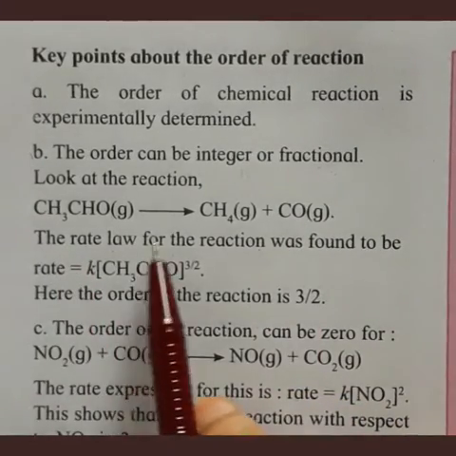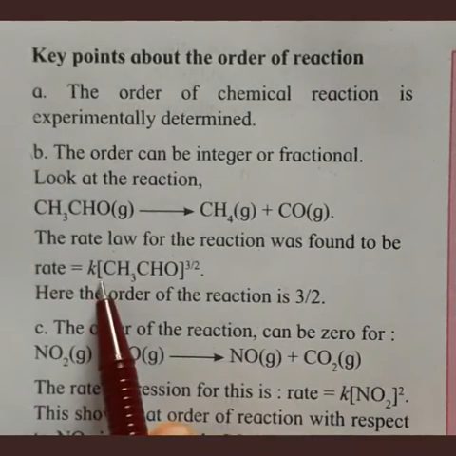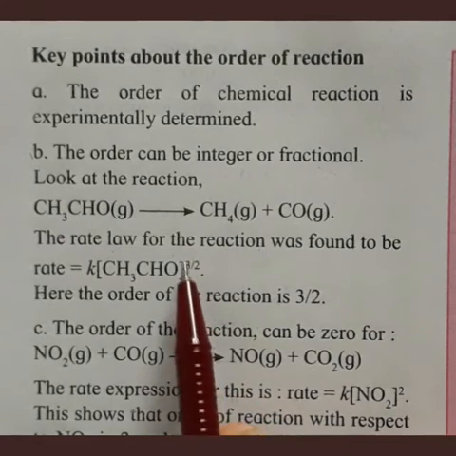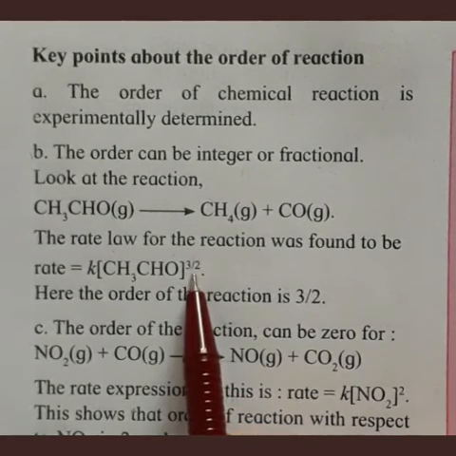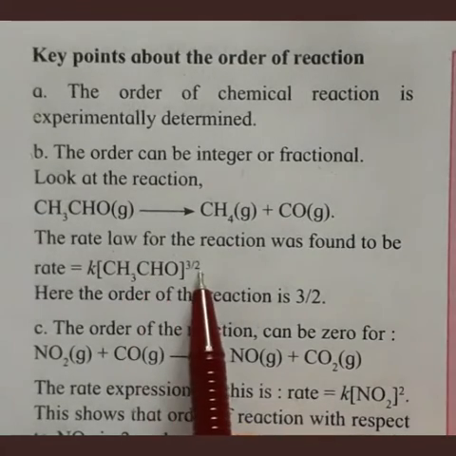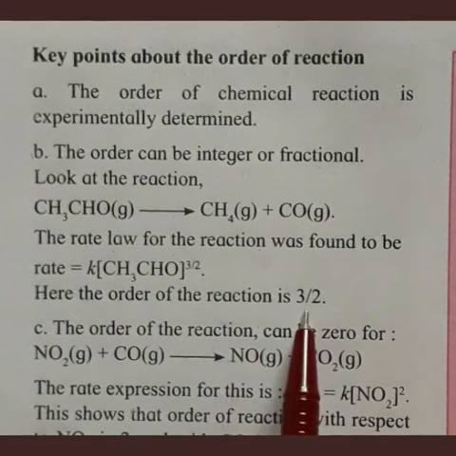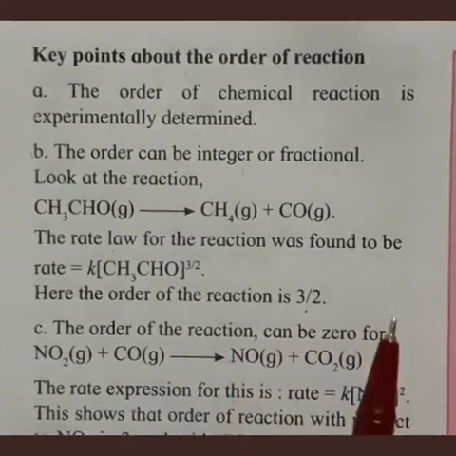The rate law for the reaction was found to be rate is equal to K concentration of CH3CHO raised to the power 3 by 2. Here you can see the power of concentration of reactant is 3 by 2. It is fractional, and hence the order of reaction is also 3 by 2. So order of reaction can be integer or it can be fractional also.